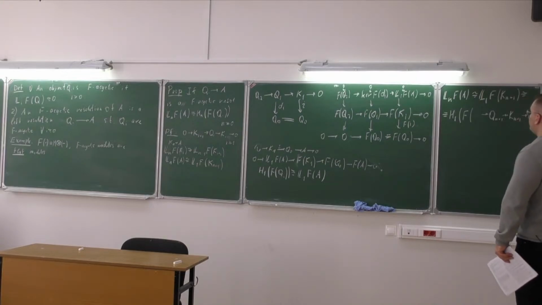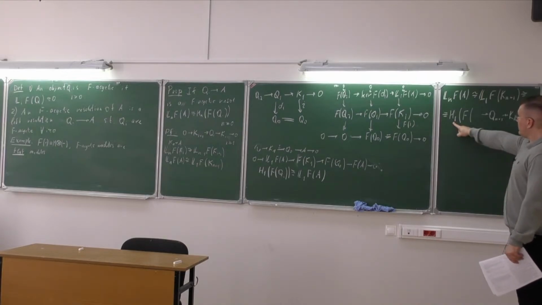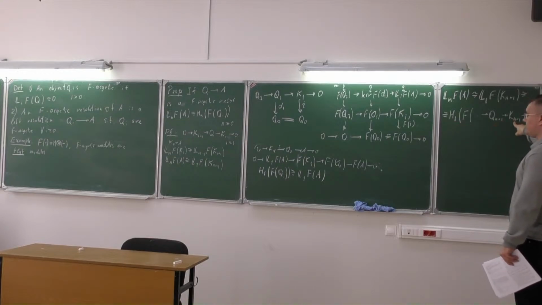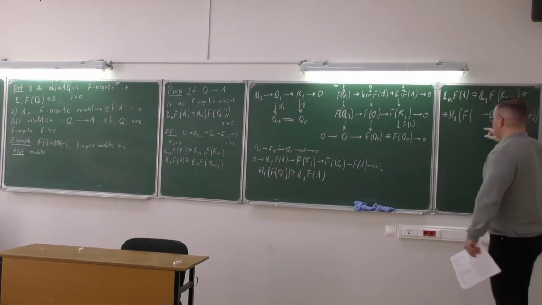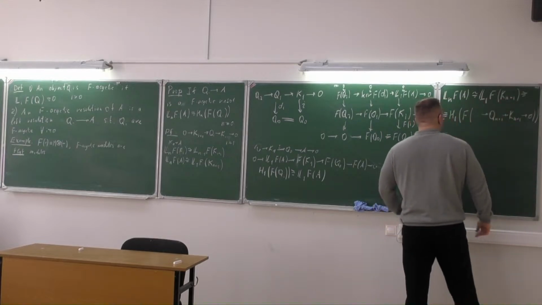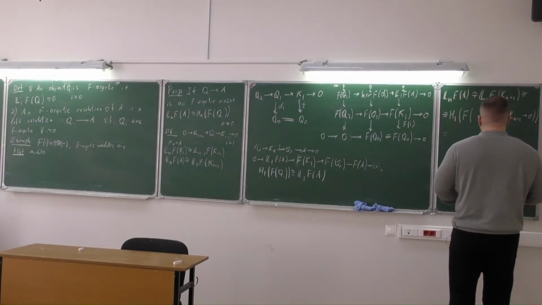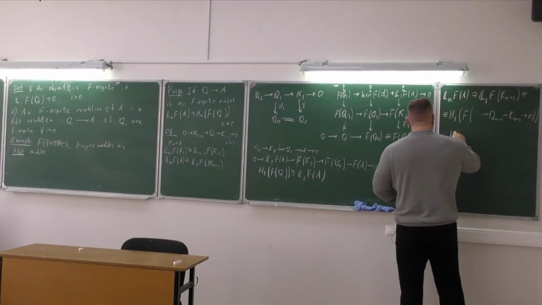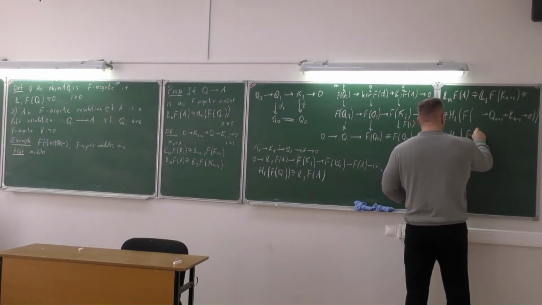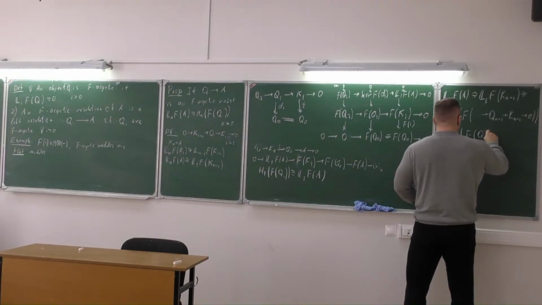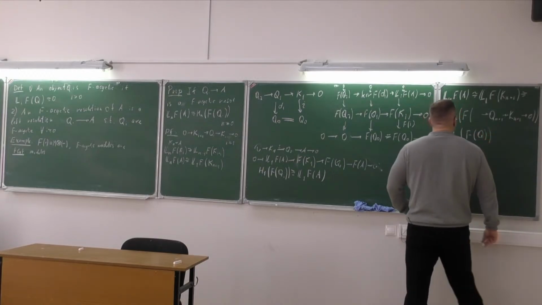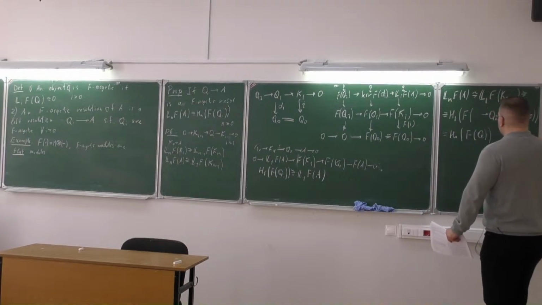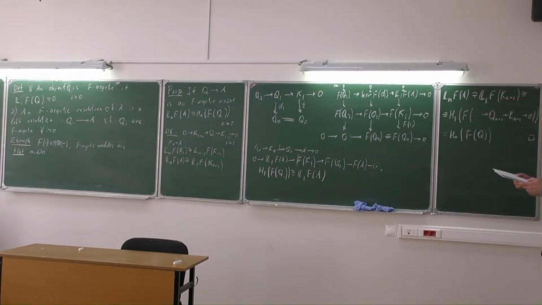I'm just computing the first homology, but for the object K with the index n plus 1. But if you look at what position you compute this first homology, namely this position, that is the same thing as computing the nth homology of f applied to the Q. So that's the end of the proof.